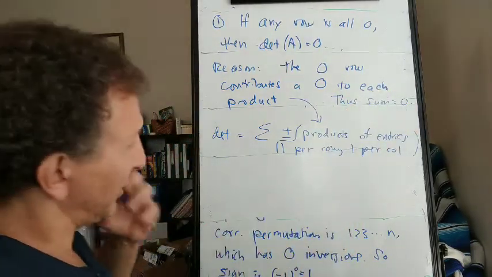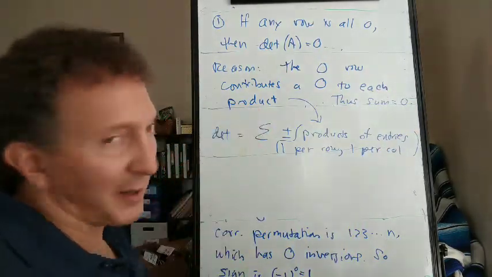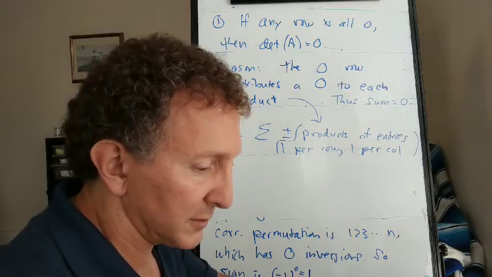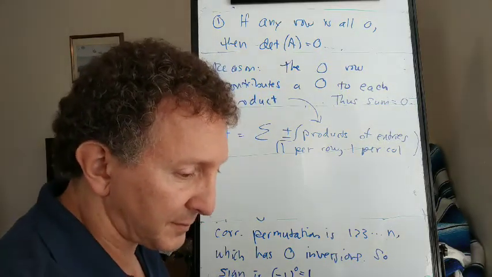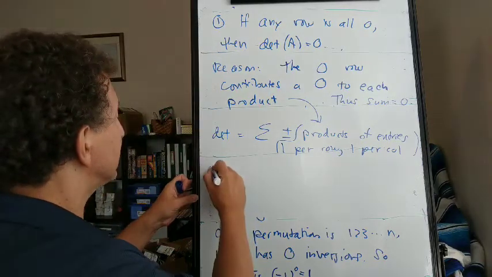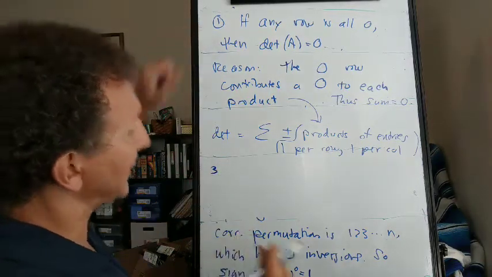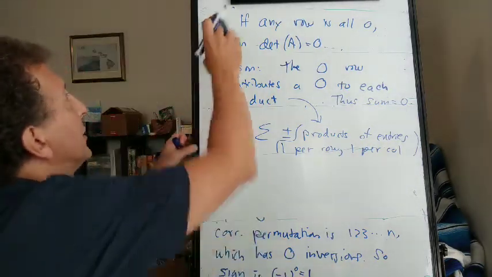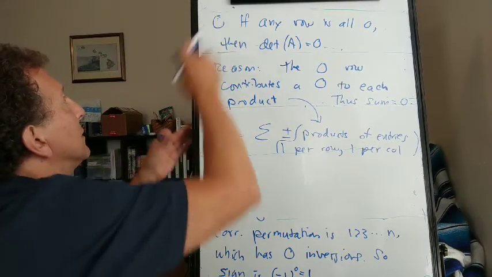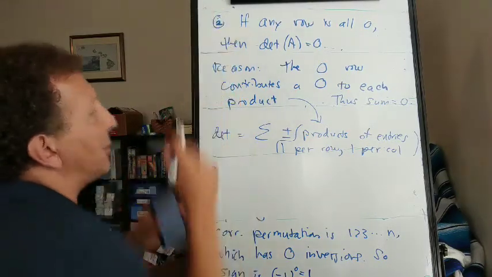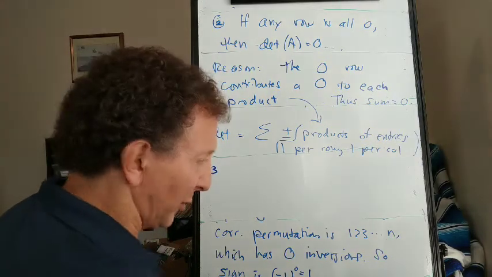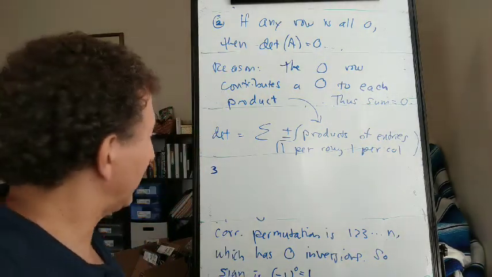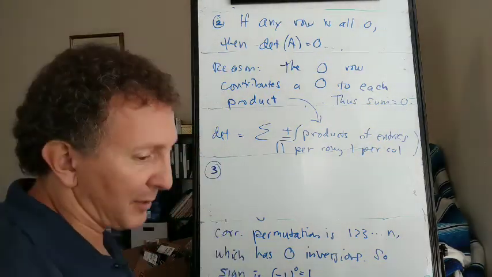A sum of a bunch of zeros, whether they have plus signs or minus signs, has got to be 0. I'm sorry, this should be a 2 because I'm giving you property number 2. I'm numbering the properties a little bit different than they're in the book. I'm numbering them in a way that I think makes more sense. So now let's look at property 3.